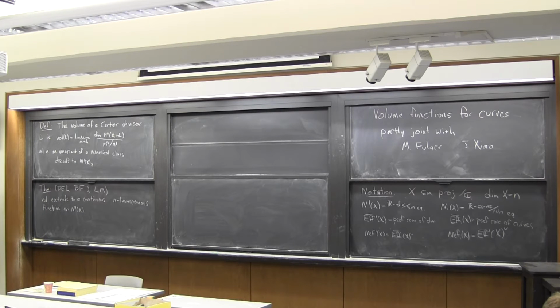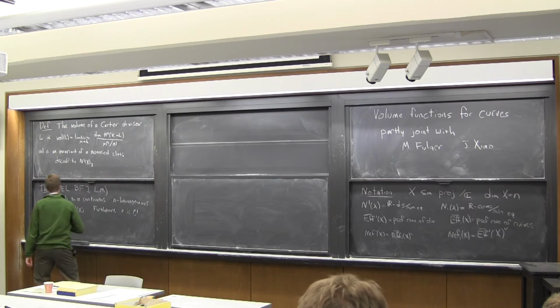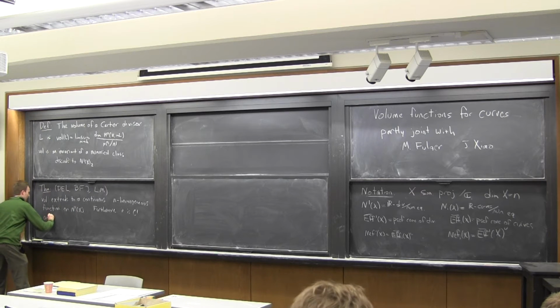So a priori it is just defined for the lattice, but it scales well, and then you can make sense of it for any Q class. And then it's locally uniformly continuous, so it extends to a continuous function on the entire R vector space. And furthermore, it is continuously differentiable on the interior of the pseudo-effective cone.